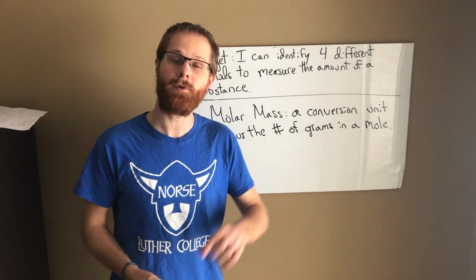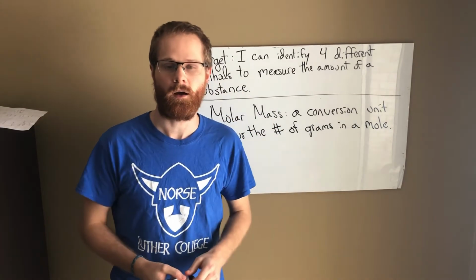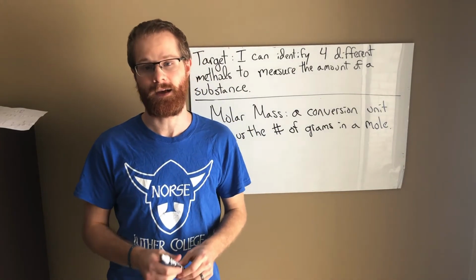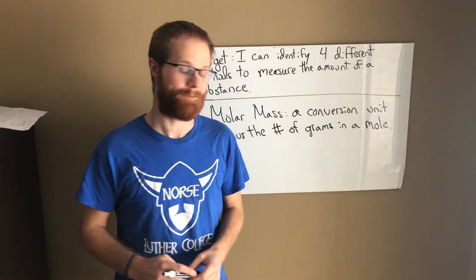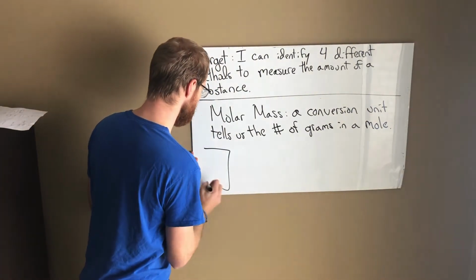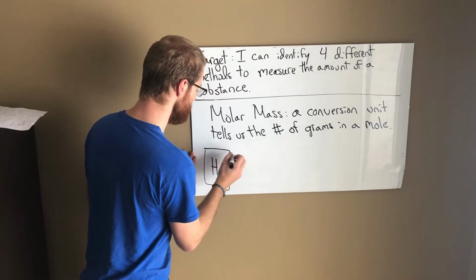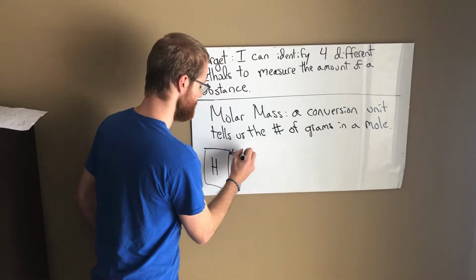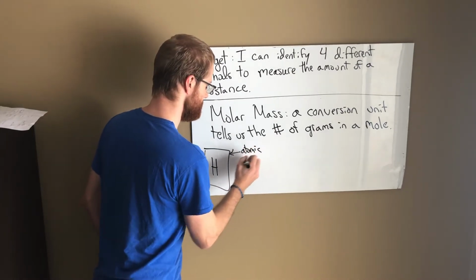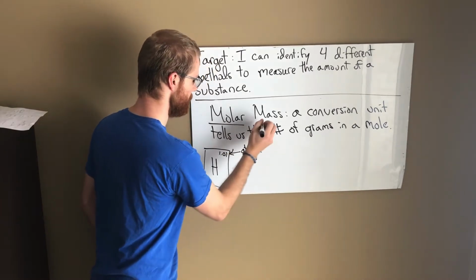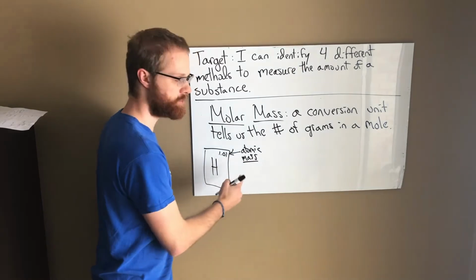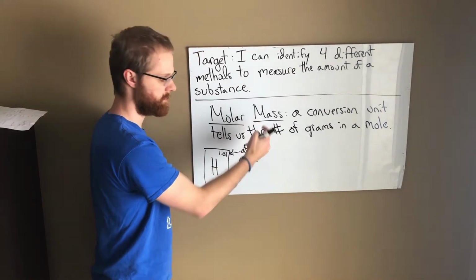Okay, so you'll remember in the upper left-hand corner of every single element is the atomic number, and in the upper right corner is the atomic mass. So for all of these different elements, we are going to be using the atomic mass to calculate our molar mass. And that makes sense. Masses should be used to calculate masses.